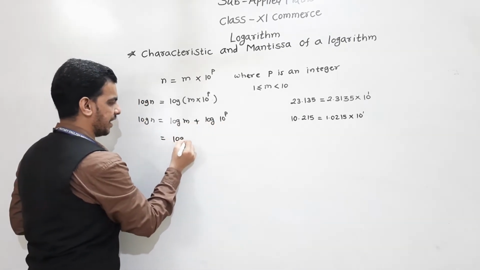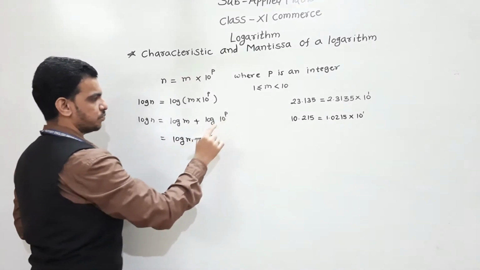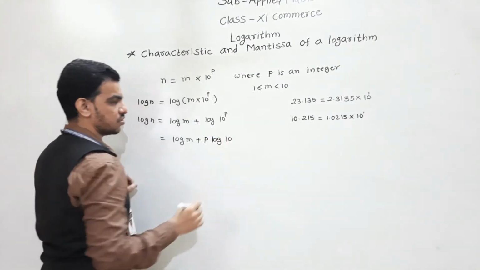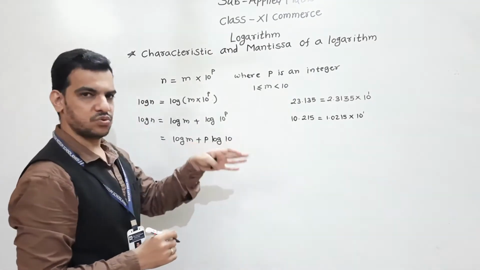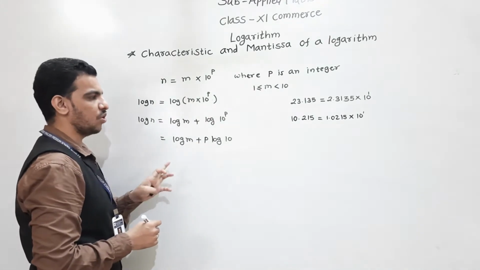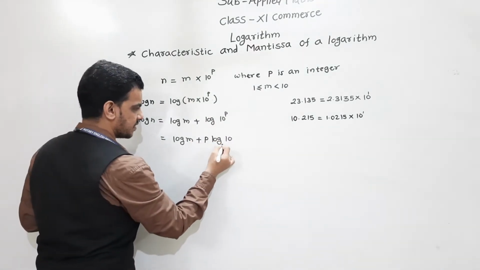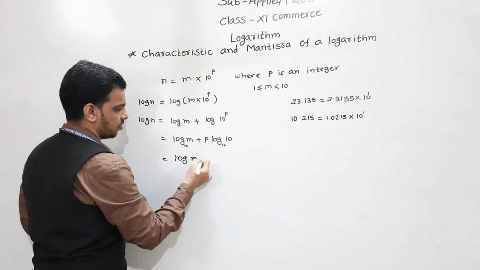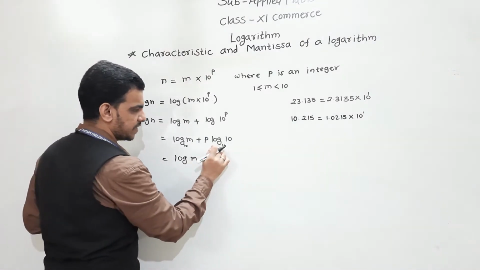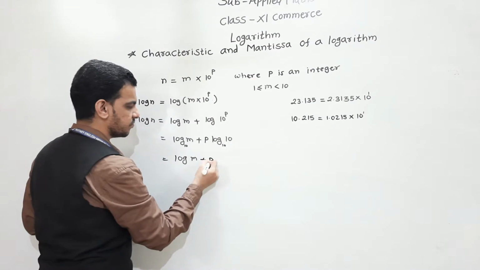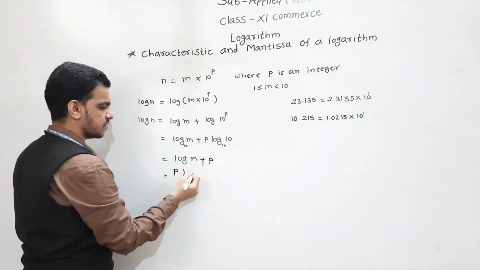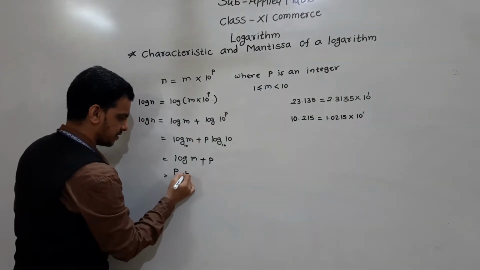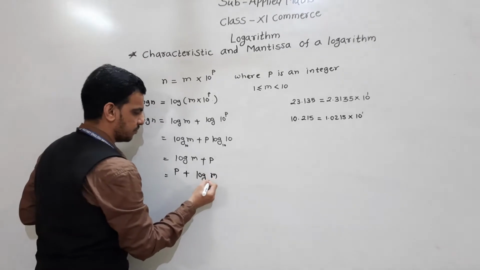This we can write as p into log 10, because if we have log of m raised to a, we can write a into log m. Now here the base is 10, so log 10 to the base 10 is 1, and we can write p. So I write p first, then p plus log m to the base 10.